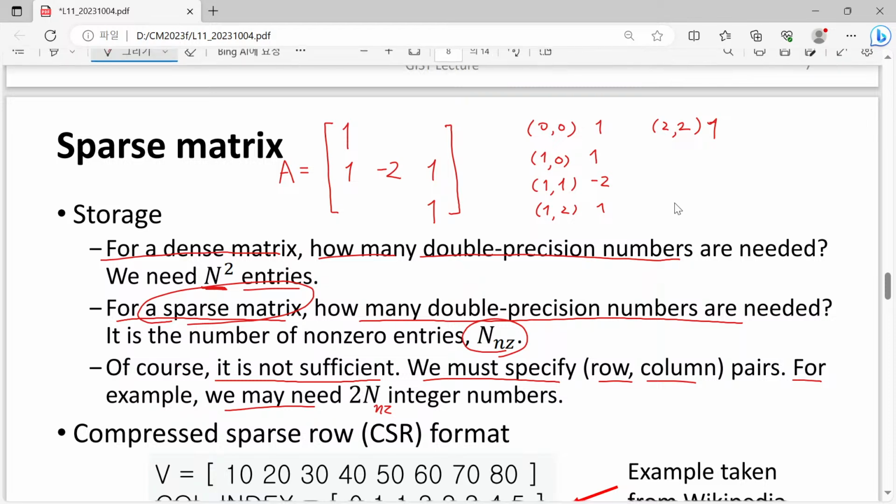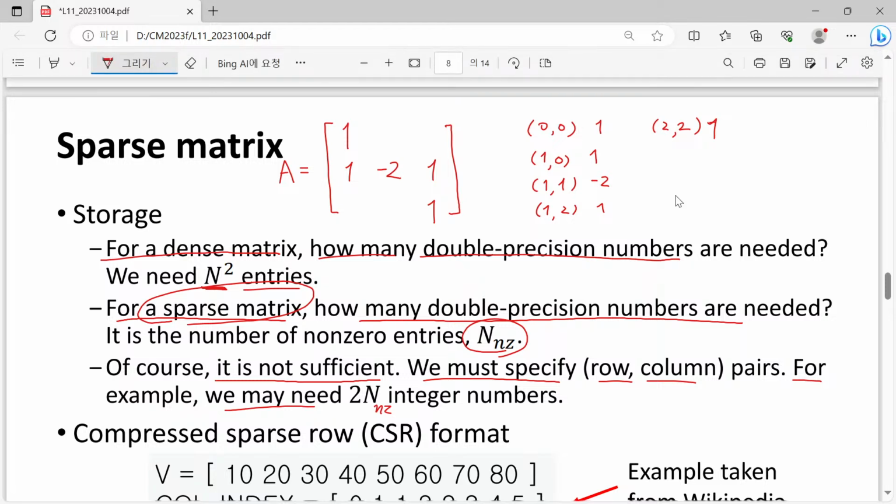Then please try to count what is the storage you have spent for this matrix. You have spent 5 double precision numbers. Okay, then you have spent 10 integer numbers. So are you with me?